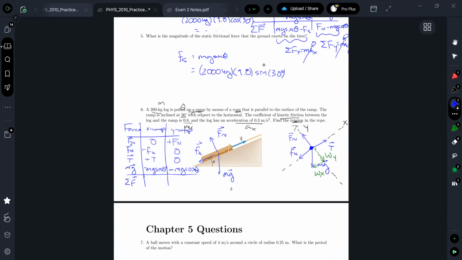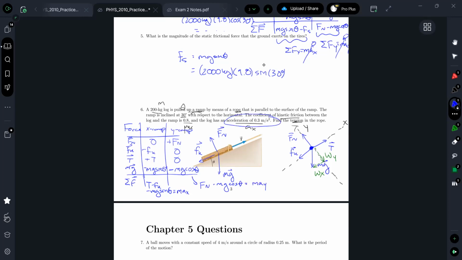Now look at net forces. I have T minus Fk minus mg sine theta. That's my net force in the x direction, so max. Then Fn minus mg cosine theta. That's my net force in the y direction, may. I decide, do I have accelerations?